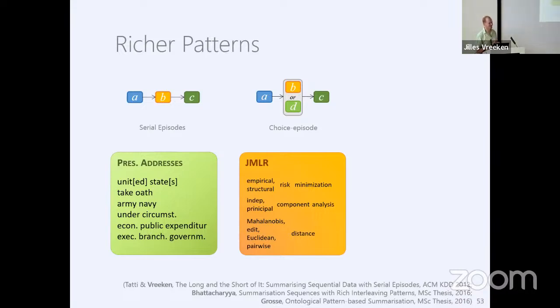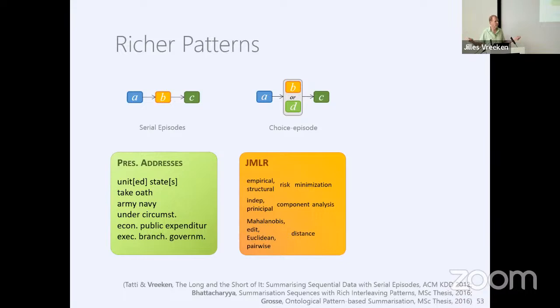Let's look at the choice episodes that Squish finds. This is for the Journal of Machine Learning Research. Well, you are somewhat experts on the topic already. Risk minimization: which variants do you know? Empirical risk minimization, structural risk minimization. Makes sense, right? This is the same concept, the same pattern, just slightly different. Independent, respectively, principal component analysis.